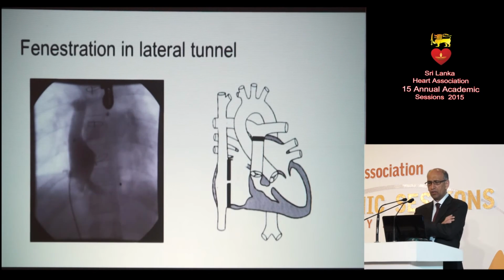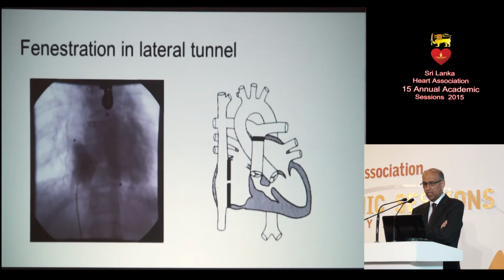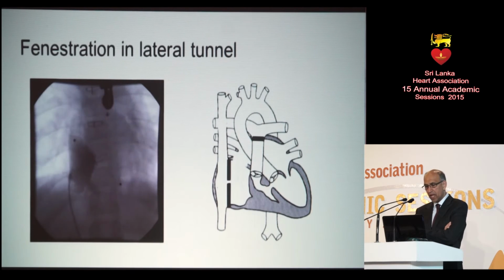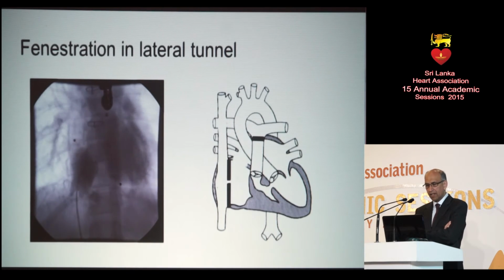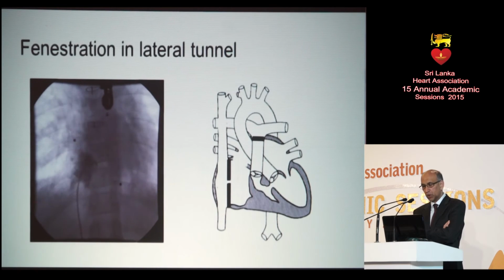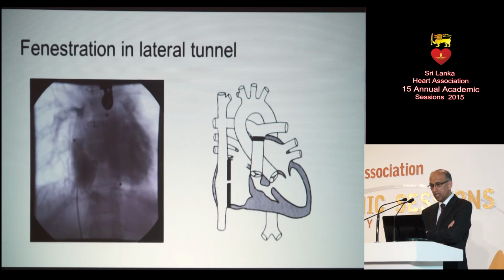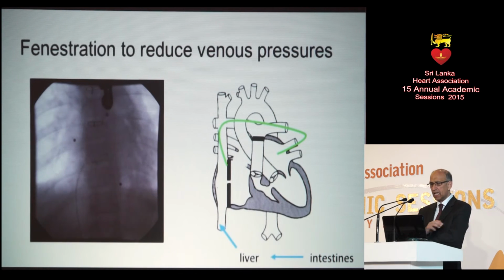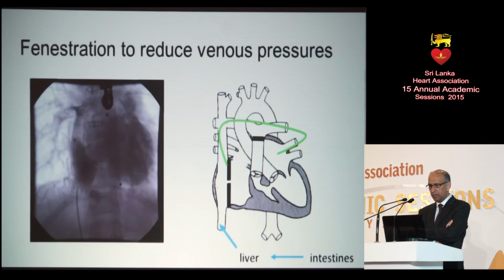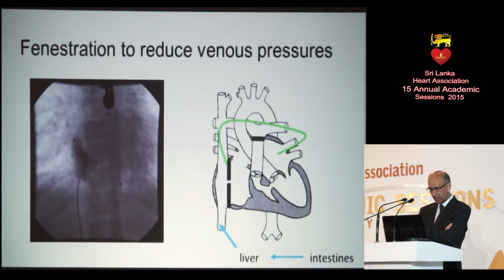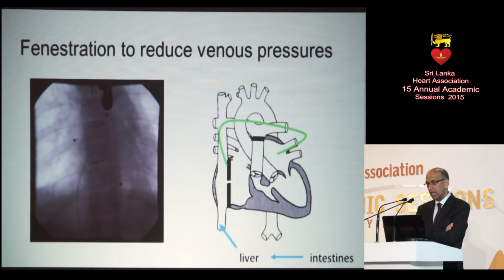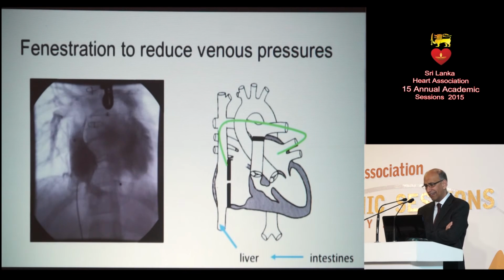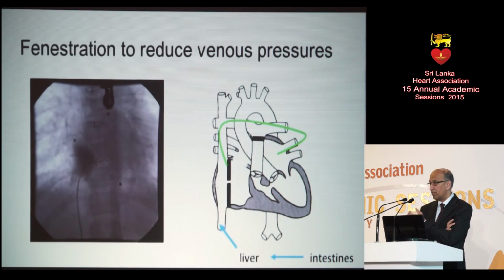So going back down to the fenestration injection again, this is an injection in the inferior part of the venous circuit in the lateral tunnel. As you see there, the lateral tunnel fills, and on its vertical course, you see the fenestration jetting blood out into the common atrial chamber. The purpose of this is to relieve the pressure or act as a relief valve, because what is happening is that the vena cava blood has to traverse the pulmonary arterial tree without the assist of a ventricular pump.